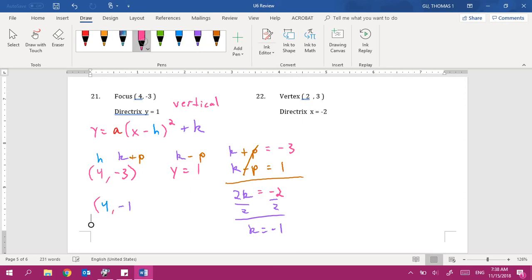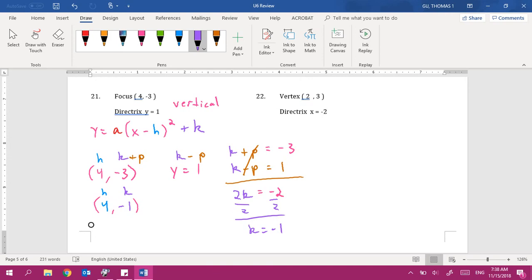That's right. Now I have the vertex, so I can just do what I normally do to find p, so I can find my a. So h is 4 and k is -1. So how can I find p then? Use your directrix, the formula to get your directrix.